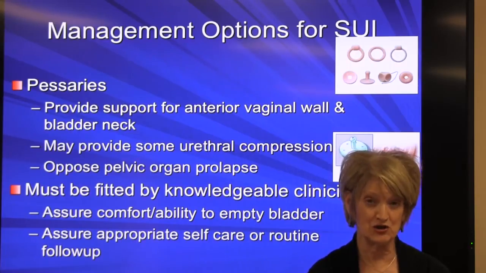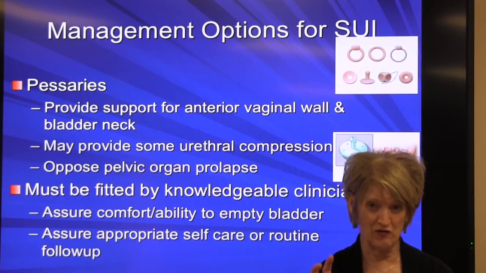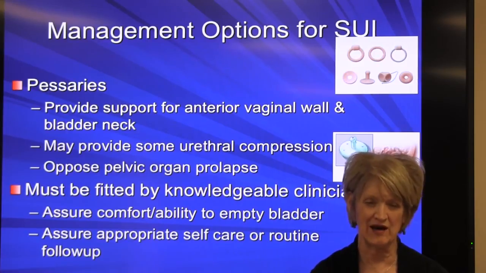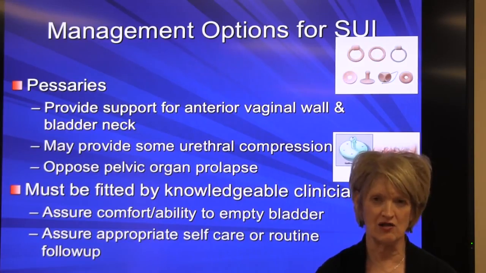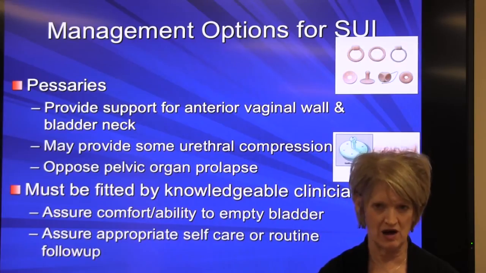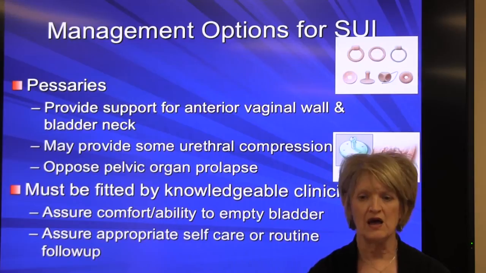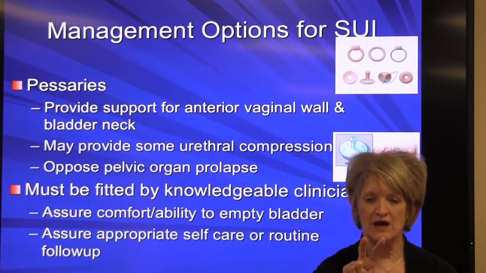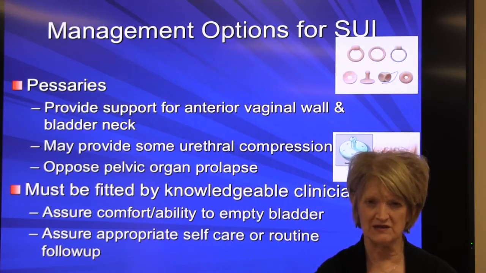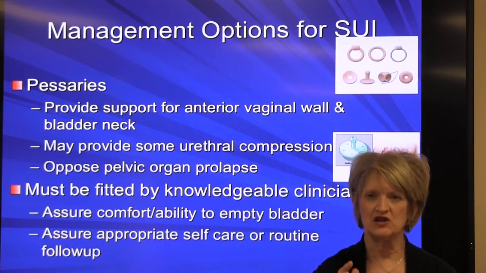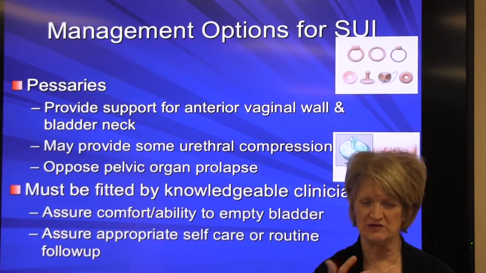So the nurse practitioner fitted her for a pessary. She made sure the tissues were well estrogenized and healthy, and that she could tolerate a pessary. She had well estrogenized tissue. She had been using topical estrogen. So she estimated the appropriate size of the pessary just by doing an intravaginal exam. She put the pessary in. She said, is that uncomfortable? No. She said, bear down, let me see if it moves out of position.